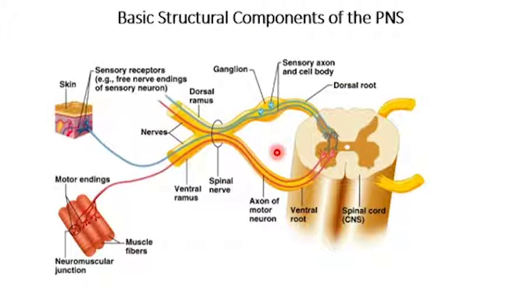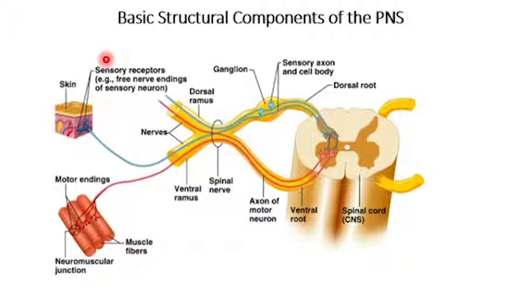So if we look at the basic structure of the peripheral nervous system, first of all you have the sensory receptors, which pick up stimuli both internally and externally of the body, from the skin to the internal organs.